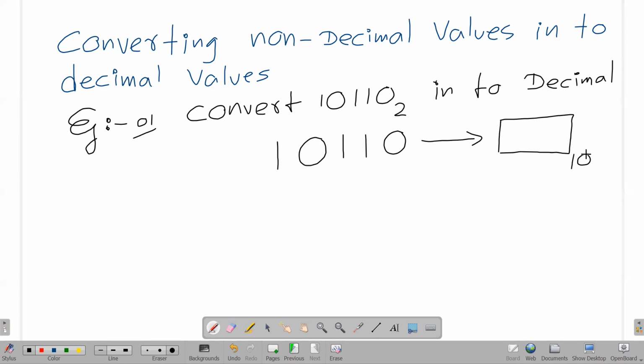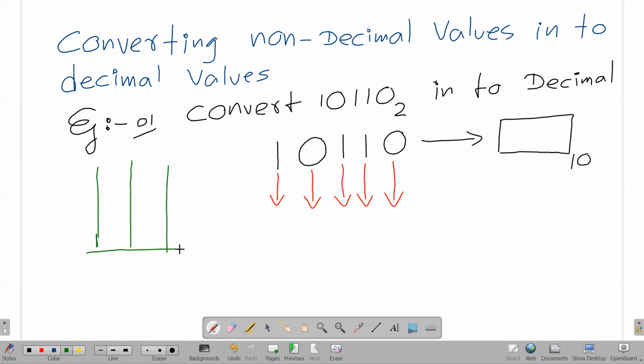So in this case, we are going to consider the place value of these symbols. Now, what do we mean by the place values? You can remember the abacus that you have learned in early days, in your childhood. There were ones, there were tens, there were hundreds, and the next one is thousands.